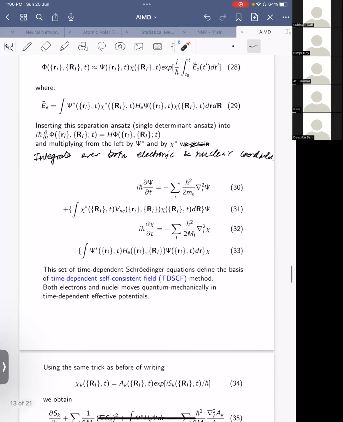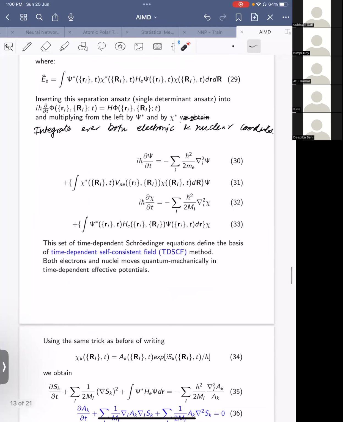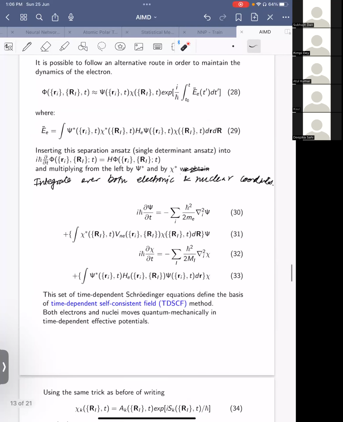Now, if we insert equation 29 into the time-dependent Schrodinger equation, multiply from the left with psi star, chi star, and integrate over both the electronic and nuclear coordinates, we will get these two equations. The first describes the motion of electrons, and the second describes the motion of the nucleus.